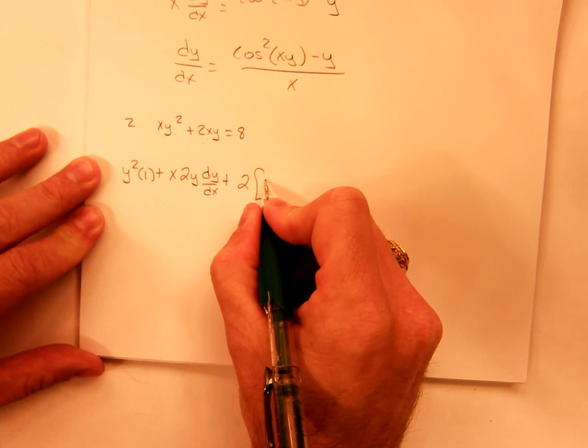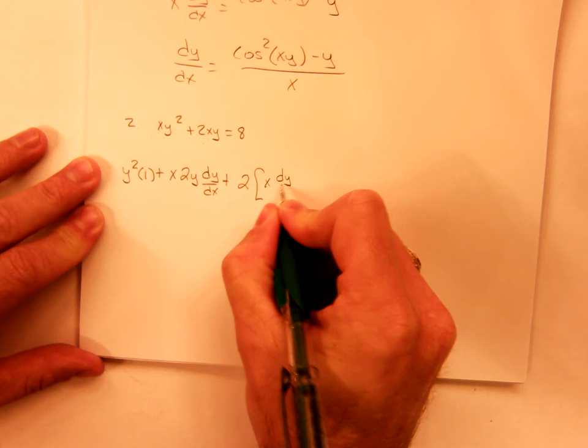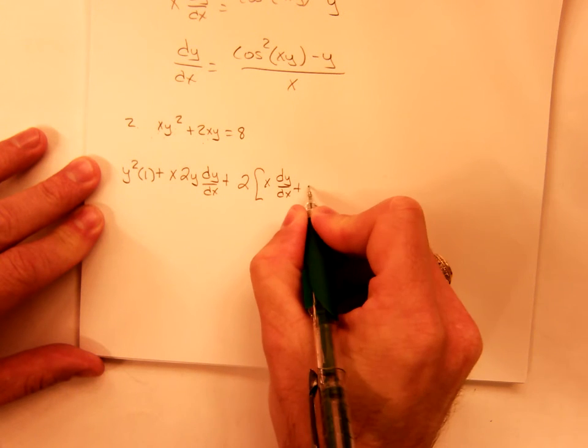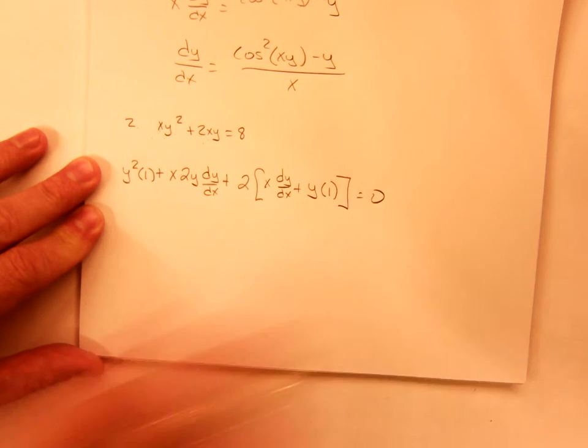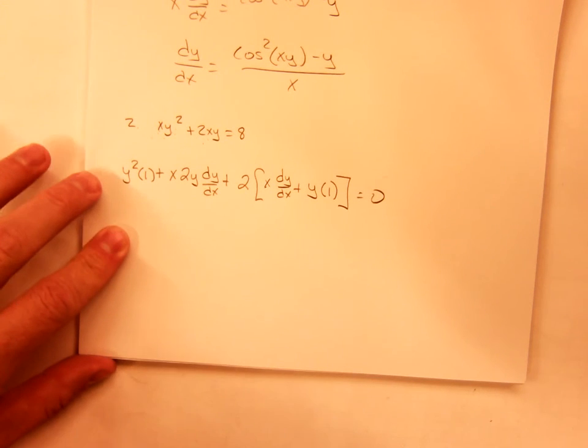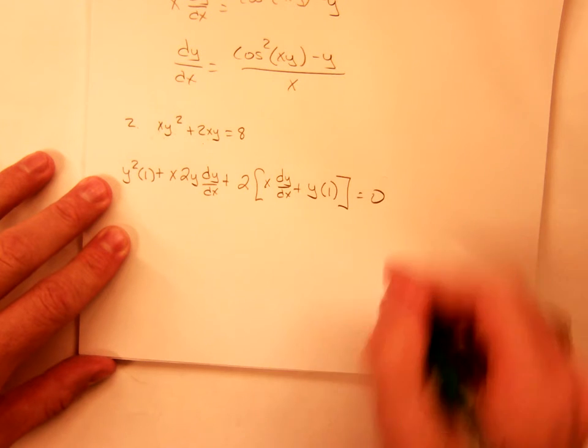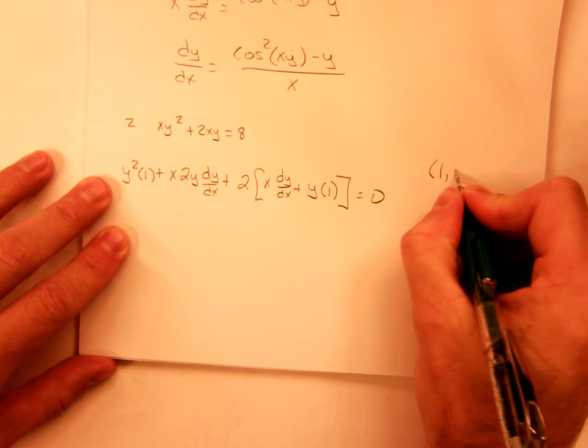So this is x dy/dx plus y times 1 equals 0. And it says, what is the derivative at (1, 2)?